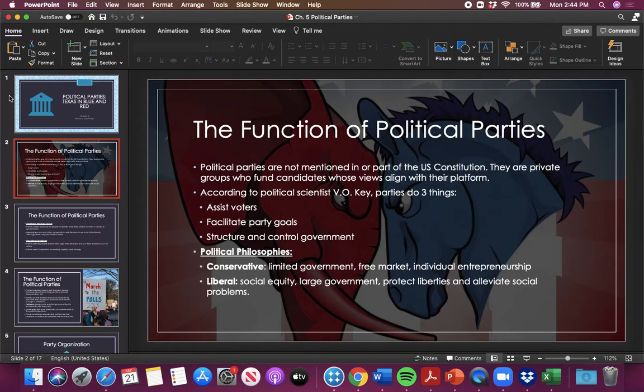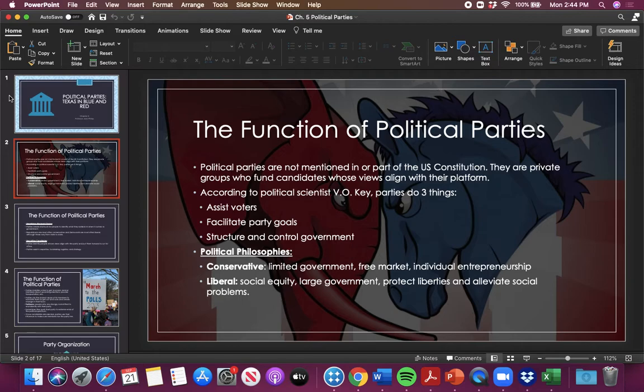Liberals, on the other hand, believe that government has to be larger as a means to protect social equity. By social equity, we mean the idea that everyone should have the same chances to succeed, free from discrimination, prejudice, all of that kind of stuff.